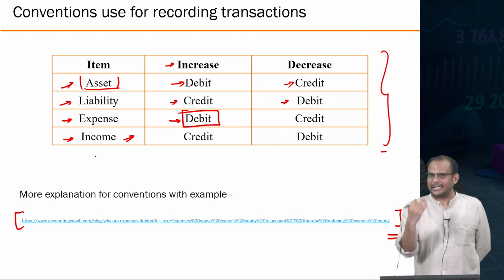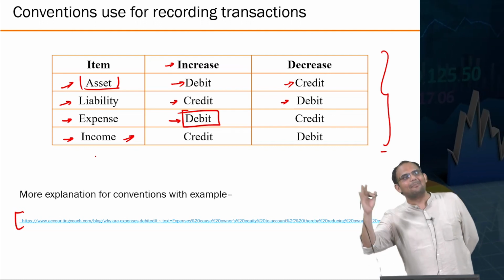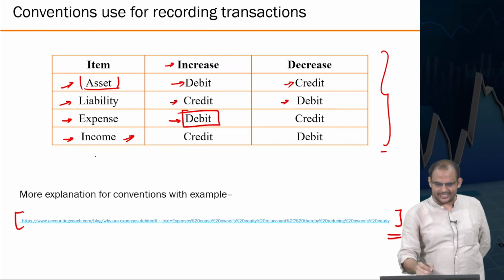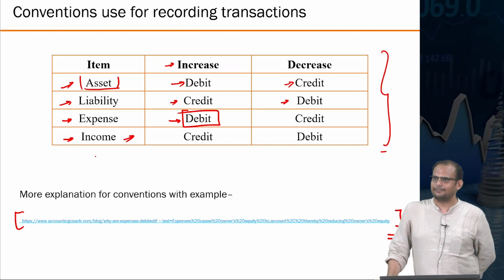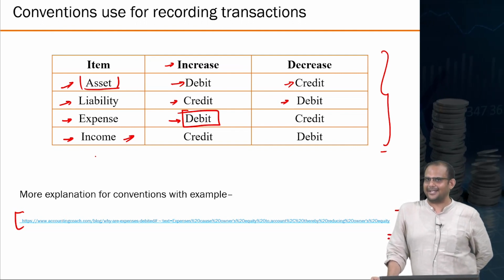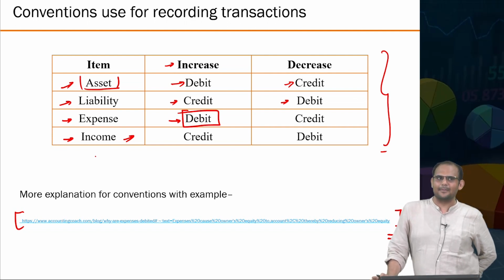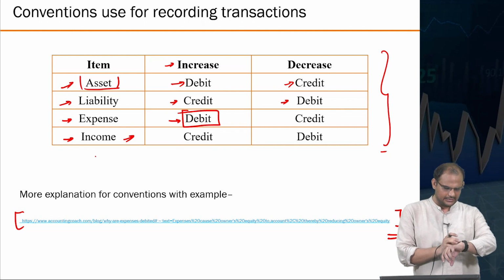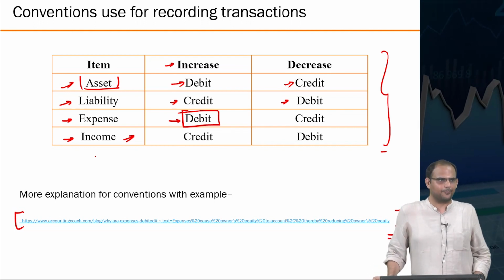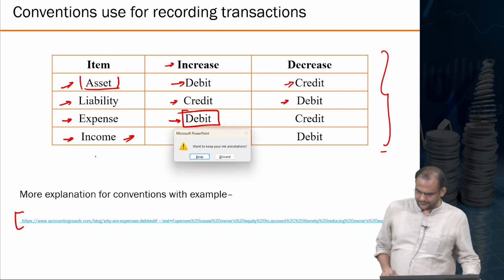So that extra income that you are generating now increases your liability to pay back later. So essentially that goes on the credit side. Make sense? Still not making sense? A bit of confusion? We'll look into more examples. It will become clearer. But yes, this convention you have to follow 100%. Okay, I'll leave it here. We'll start the class tomorrow on this topic.